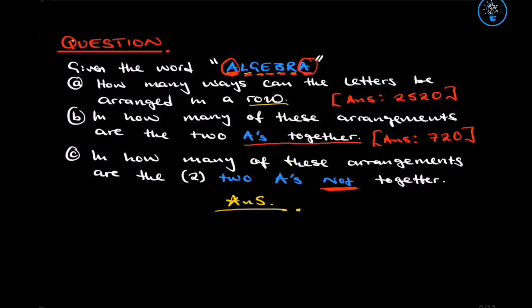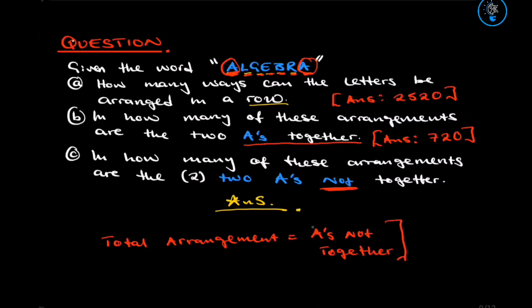Now, if you want to find the number of arrangements if the two A's were not together, you can just say total number of arrangements is equal to A's not together plus A's together.